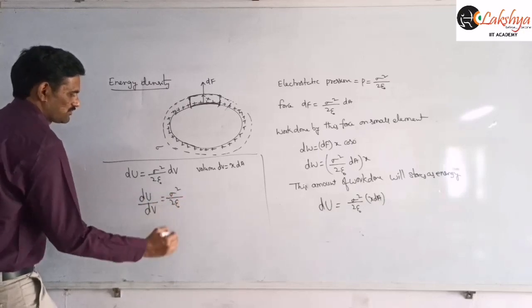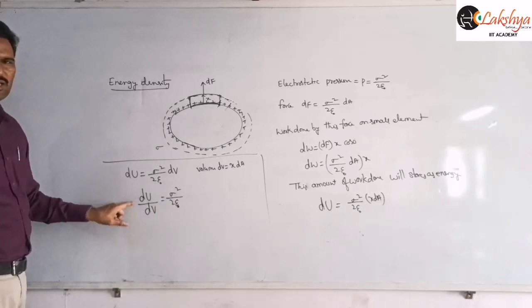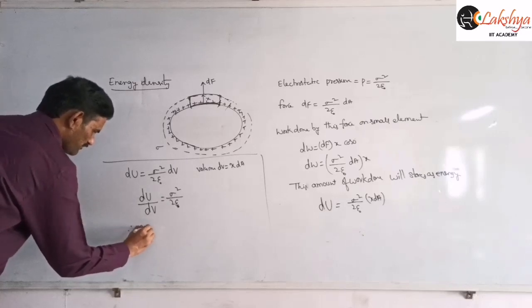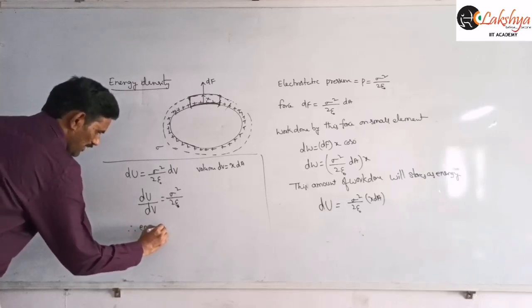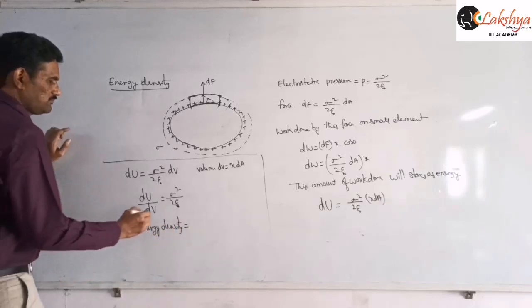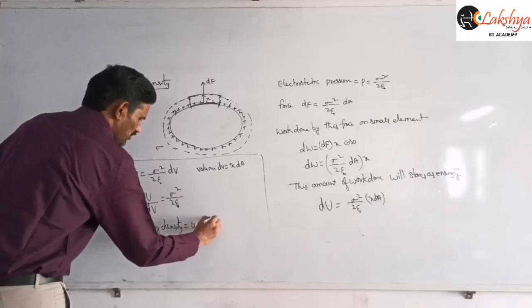Now this is nothing but our energy density, energy per unit volume, right? Therefore I can write the energy density, which we are representing with the small u, is equal to sigma square by 2 epsilon naught.